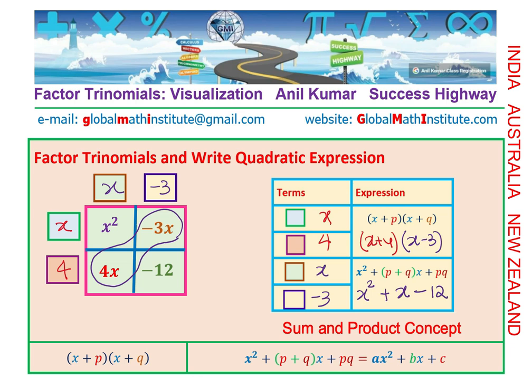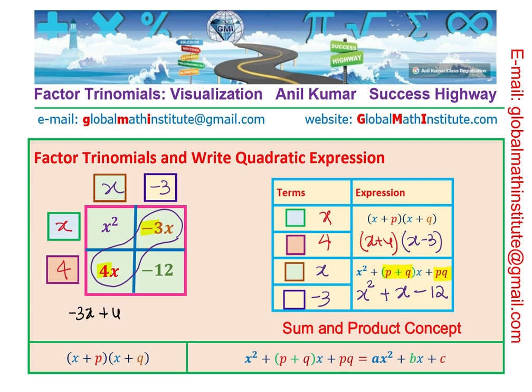Now start noticing one more thing. When we are writing the product P times Q and we are writing the sum here, it gives you an idea of how these terms are related. You can see that the center term, which is minus 3x plus 4x, gave us x, right? So this is this x, correct?